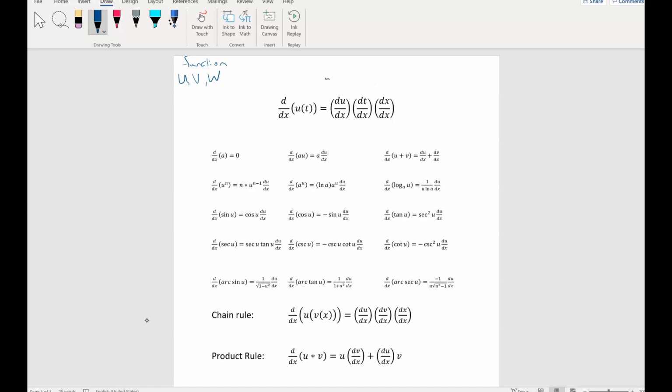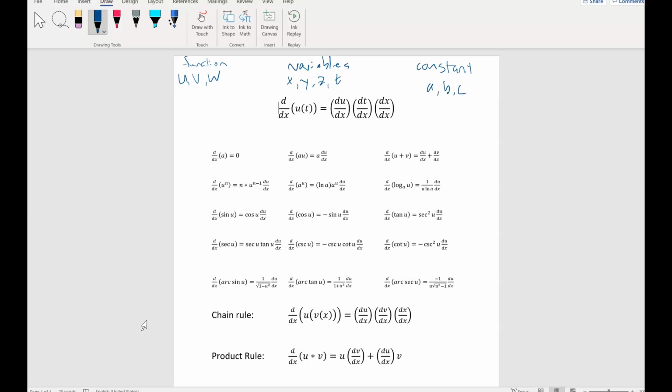Then we have actual variables, which are usually like X and Y and Z and T. And then we have constants that are represented by a variable. We just don't know what the number is yet. And those are usually like A, B, and C. So that's the breakdown of the different types of variables.